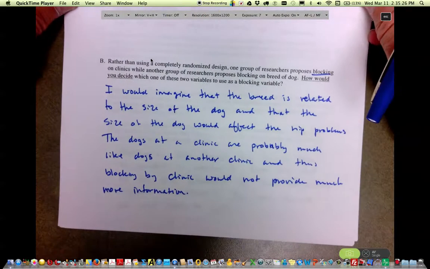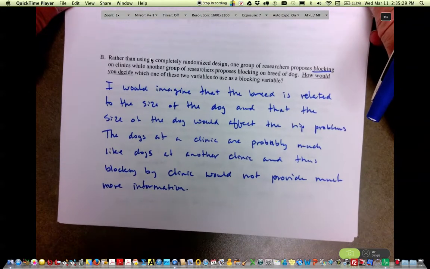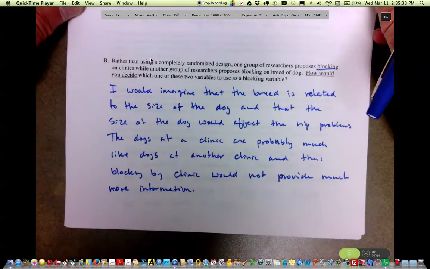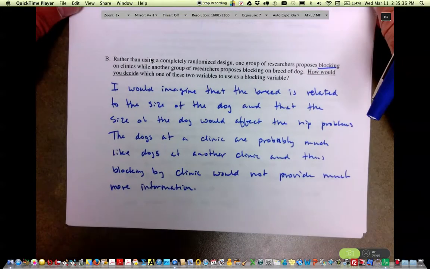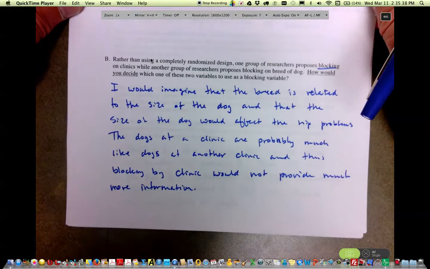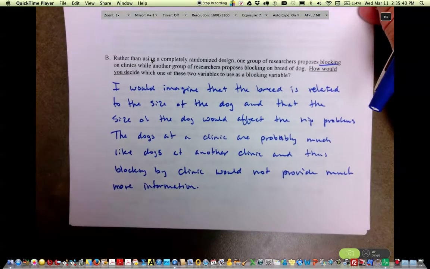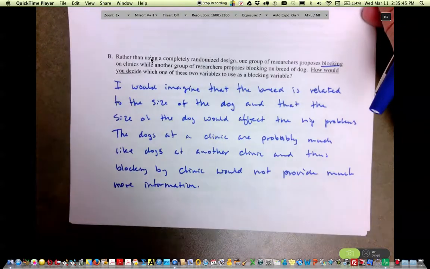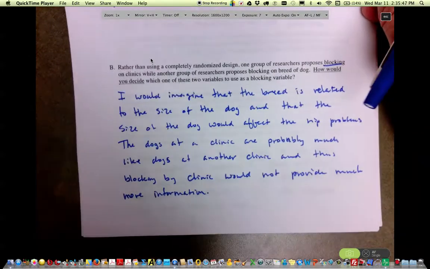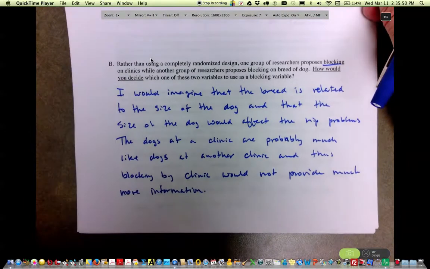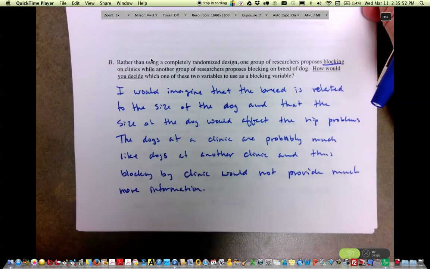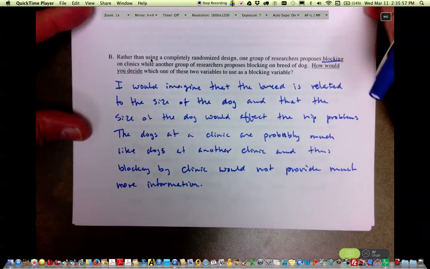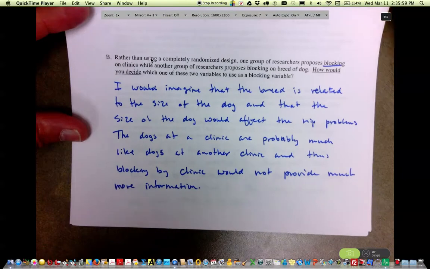Now, if we think about how those are related to joint health, I would imagine that the breed is going to be related to the size of the dog, and the size of the dog is probably going to determine the hip problems. I think that bigger dogs tend to have more hip problems than small dogs do. And if you looked at veterinary clinics, I would imagine that they probably have a variety of sizes of dogs, and I would guess that from clinic to clinic, they're pretty much the same in terms of the proportion of big dogs versus small dogs.